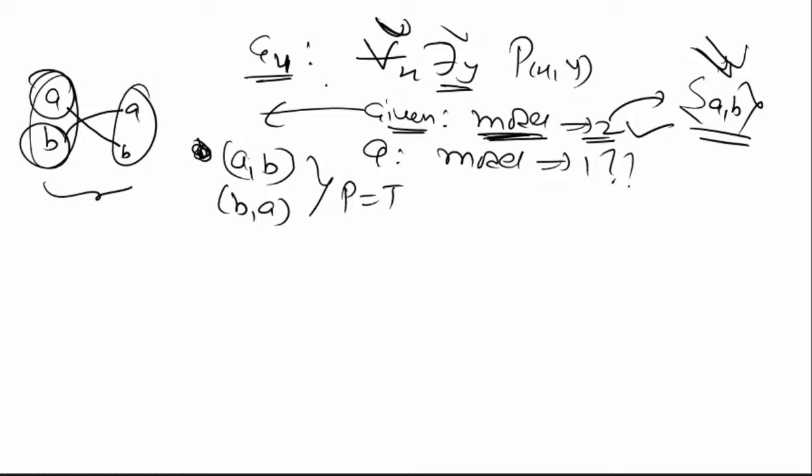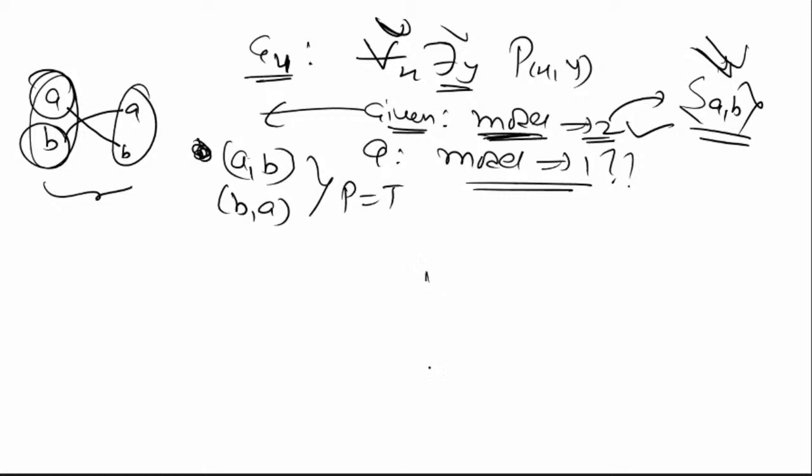So we have a model of size 2. Now what I will try to do is make it false. I will try my best to make it false. I will check models of size 1. All the domains of size 1 I will check, and I will see whether those domains of size 1 are models or not.